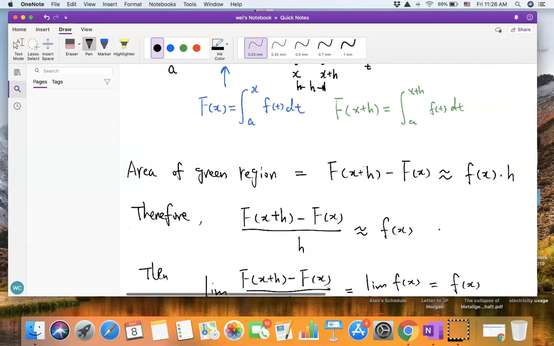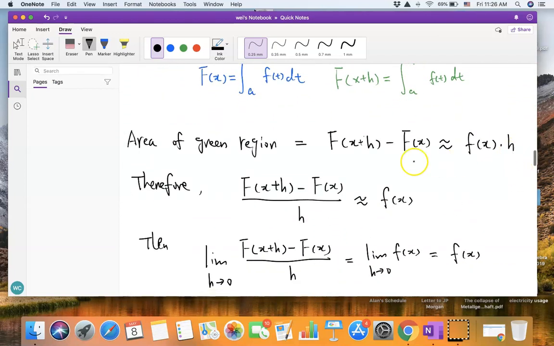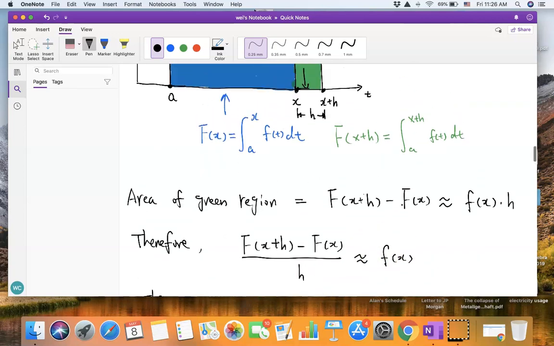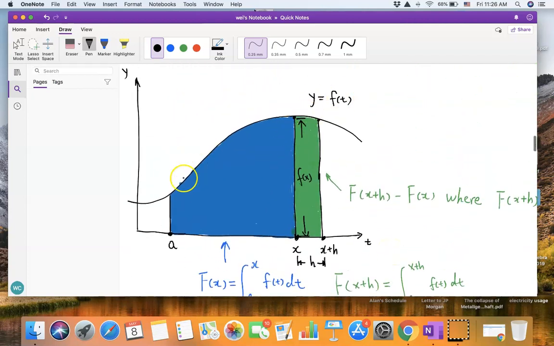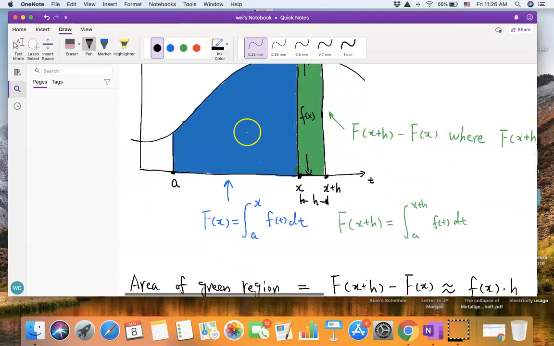Okay, now if we divide by h on both sides, the difference F(x+h) minus F(x) over h is approximated by f(x). Again, little f stands for the function of this curve, and the capital F is the accumulation function.